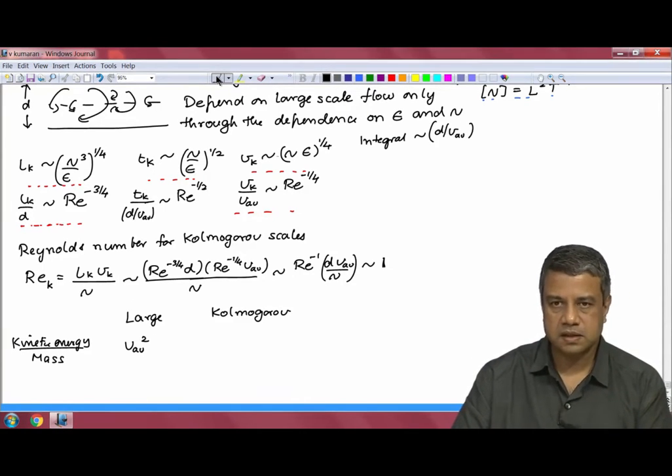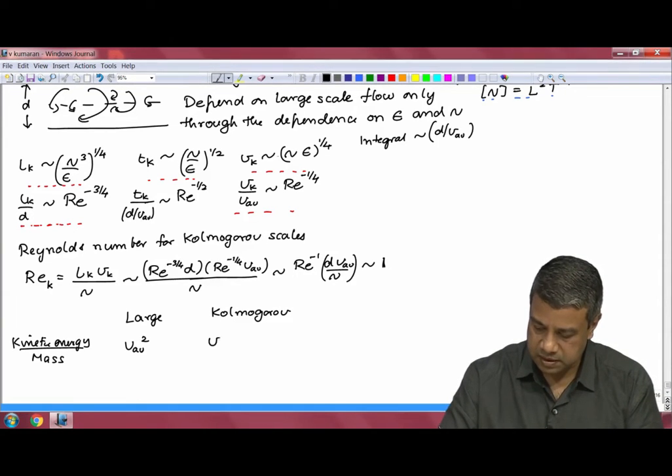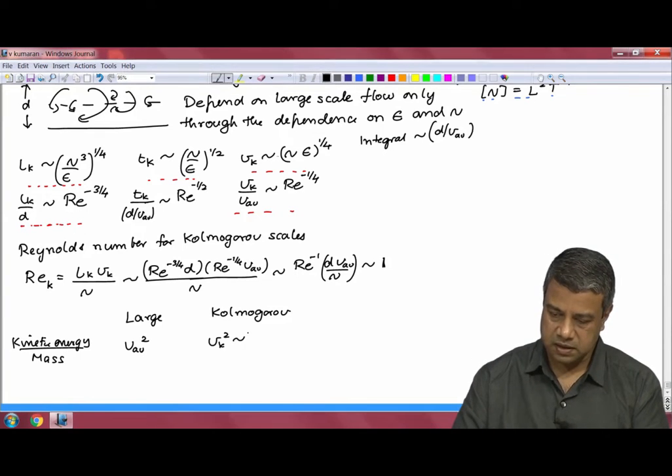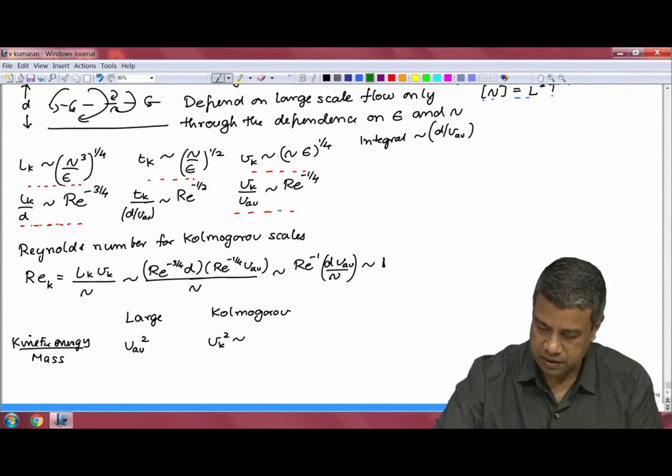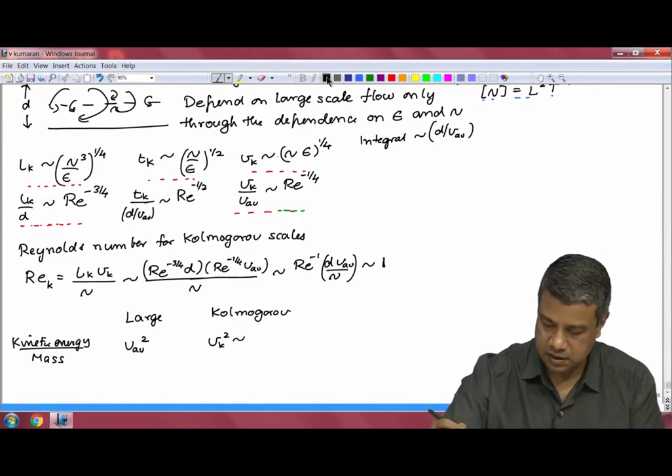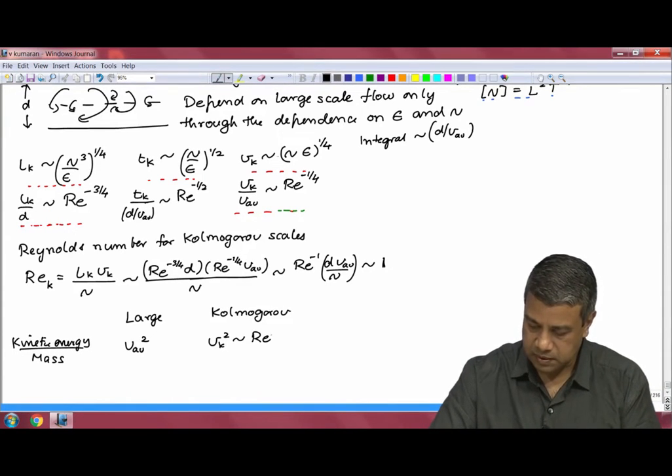What about the kinetic energy per unit mass for the Kolmogorov scales? This will go as the Kolmogorov velocity square. And since the Kolmogorov velocity is equal to Re to the power minus 1/4 times the average velocity, this goes as Re to the power minus half times the average velocity square.